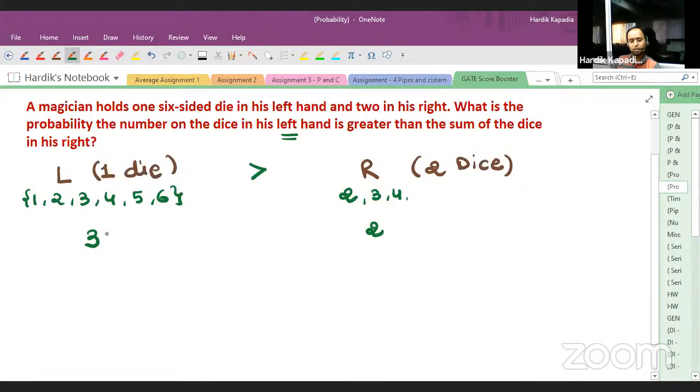So over here it is 3, and the probability of 3 is 1 by 6. And over here, the probability of 2: it can be 1, 1. On both the dice, if we can get 1, 1, then only we can get 2. So it is 1 by 36 ways.